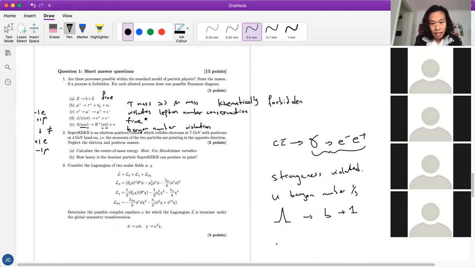And the kaon plus has baryon number of 0 because there's an up and an anti-strange, so those two cancel out. And the neutrino definitely doesn't contribute any baryon number. So your left and right-hand side baryon numbers don't match up, and also the strangeness doesn't match up. So definitely not allowed. So that's allowed, that's not allowed, that's not allowed, that's allowed, that's not allowed.